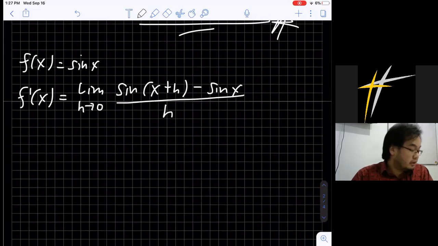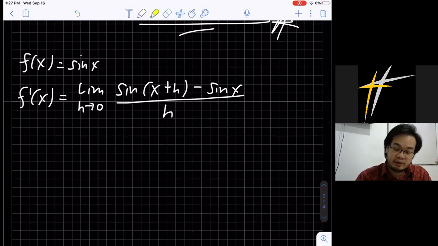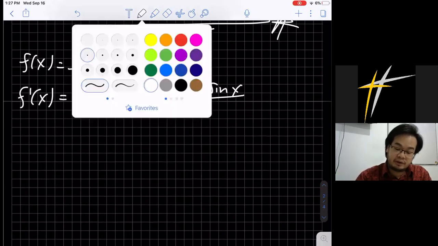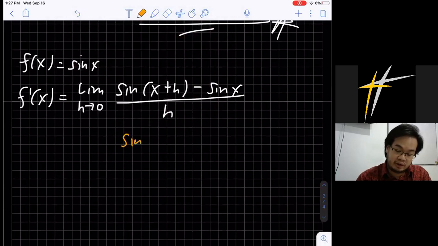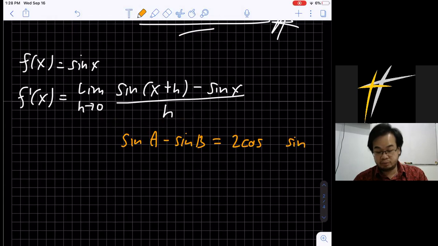Now let's review a little bit. On the back page of your book, there are trigonometric properties. Remember, if I have sine A minus sine B, then the result is equal to 2 cosine of (A plus B) divided by 2, times sine of (A minus B) divided by 2.